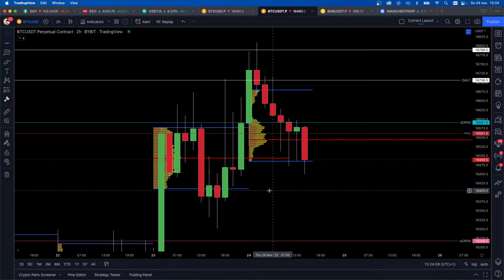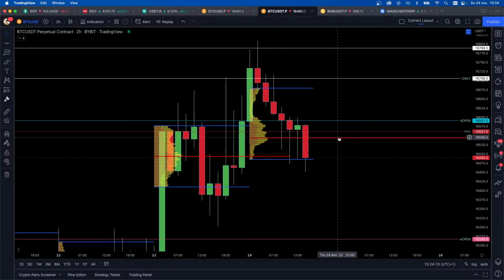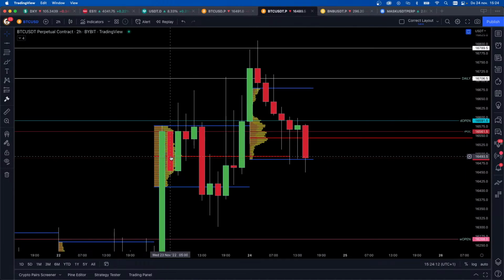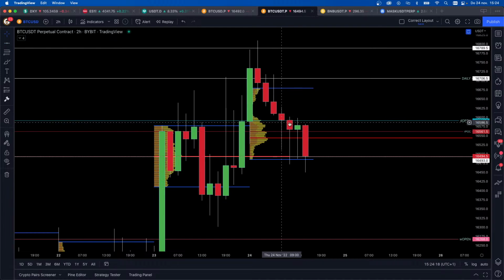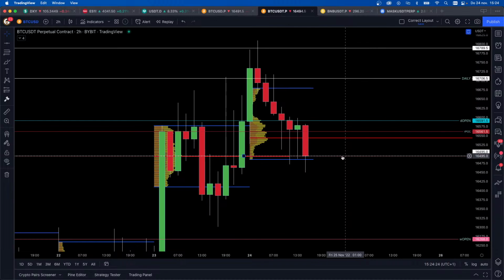Today, for example, we have our point of control over here. This was yesterday's point of control, and it was actually a naked point of control because we opened this day over here and we never came back into previous day point of control. So that is called a naked point of control.